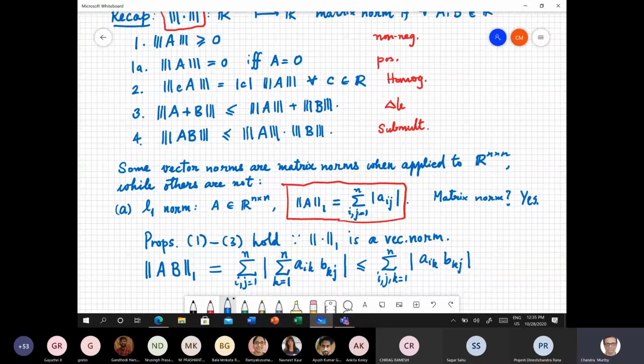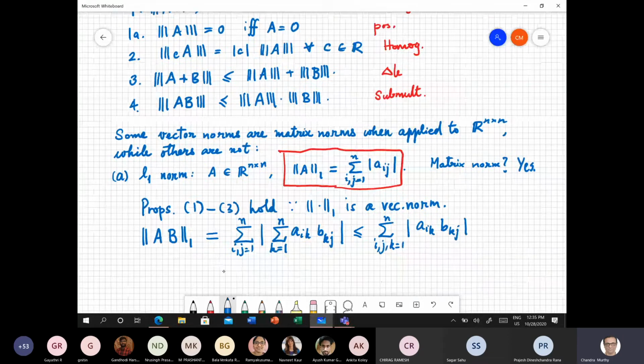This in turn is less than or equal to, see here it's index k and then there's a k repeating here. I'll just replace this k with an L and take the summation L going from 1 to n as well. What I'm doing there is I'm introducing a whole bunch of non-negative terms into this summation, and so that can only increase its value, it cannot decrease it.